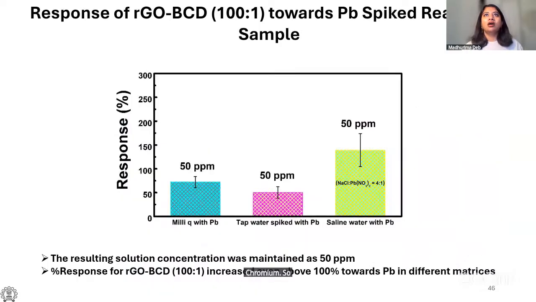So now I would like to move on to the real world water samples. Again, the saline water was a bit high, but for milky water and tap water, it was more or less what is desired. So it increased above 100% in different matrices.